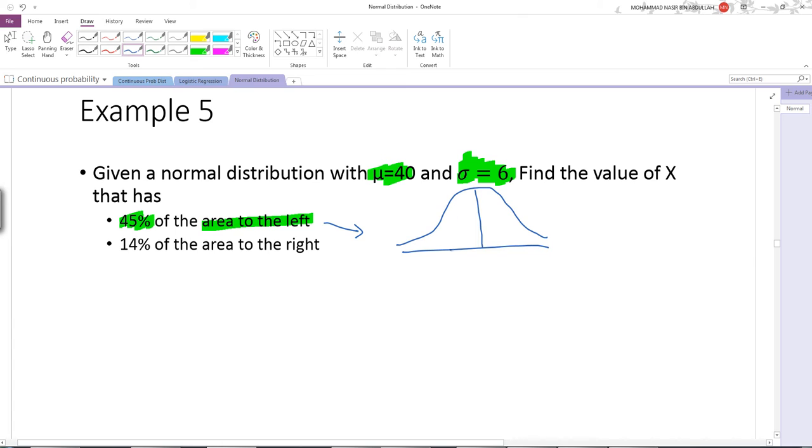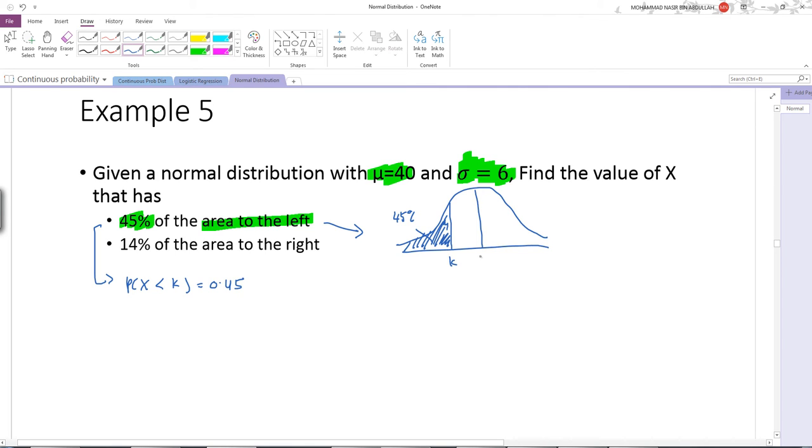The total area on the left is 50%. So 45% means that tak sampai 50% lah. So this is going to be the area lah. So this is the value of K that we want to find. This is 45% to the left, which means that we want to find probability of x less than k equal to 0.45.